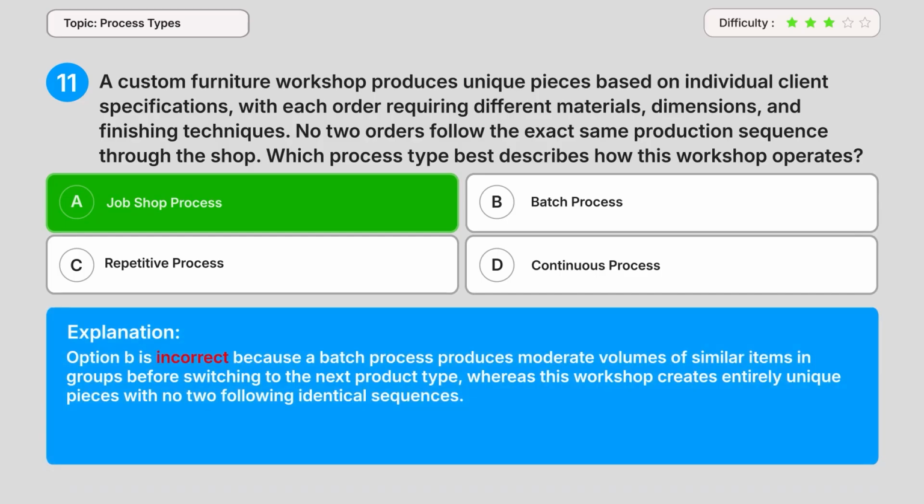Option B is incorrect because a batch process produces moderate volumes of similar items in groups before switching to the next product type, whereas this workshop creates entirely unique pieces, with no two following identical sequences.